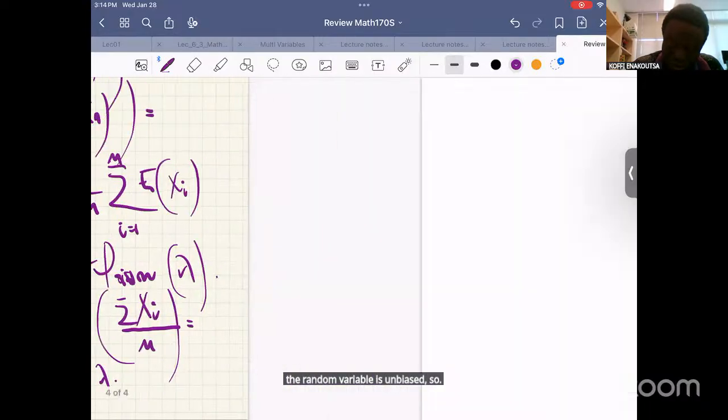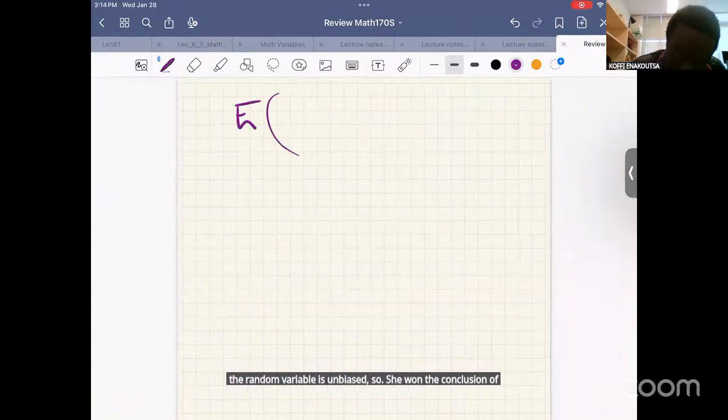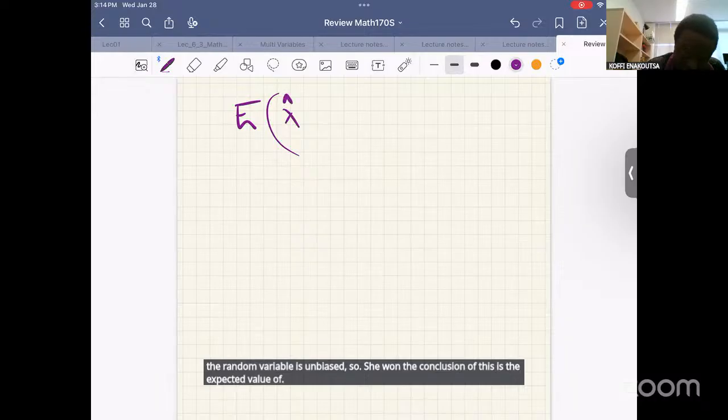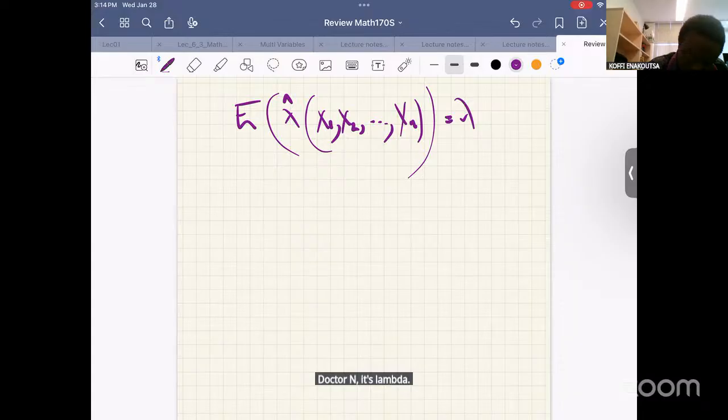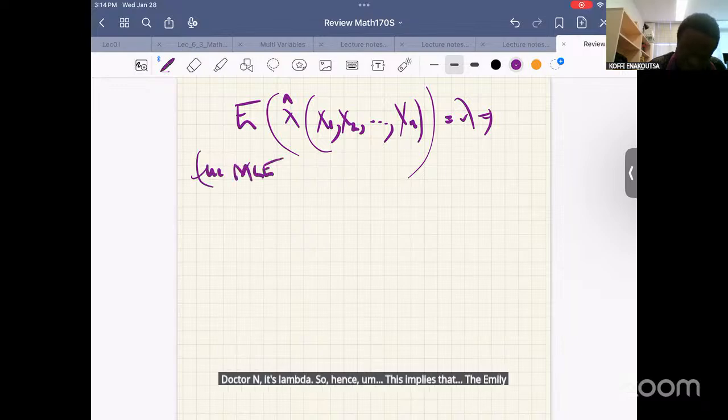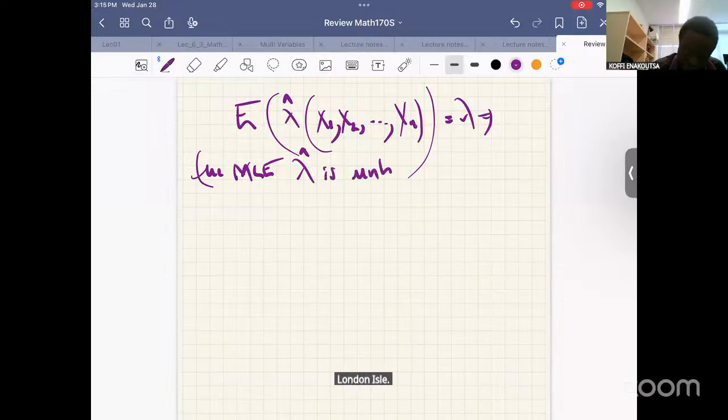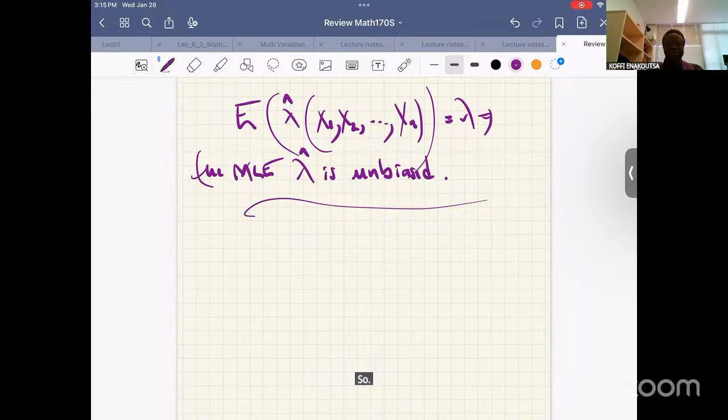So the conclusion is that the expected value of lambda hat is lambda. Hence, the MLE lambda hat is unbiased. I wanted to do that for practice purposes. Then we can come back to the other type of assignment.